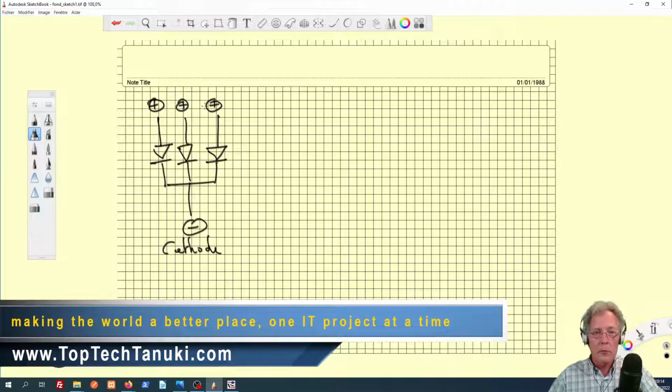But there are two types of RGB LEDs, and of course mine was the other type, which is a common anode.